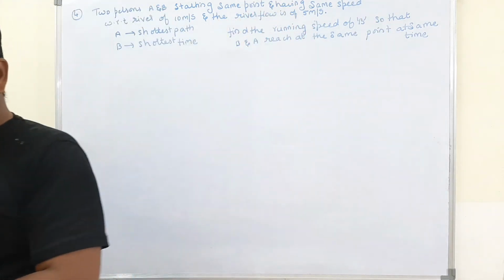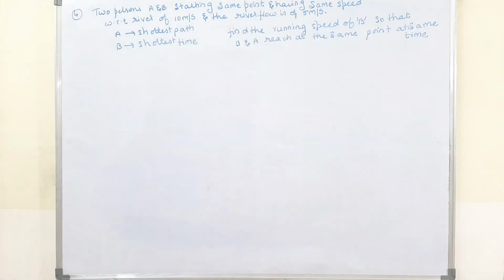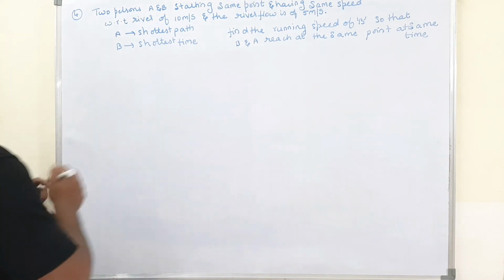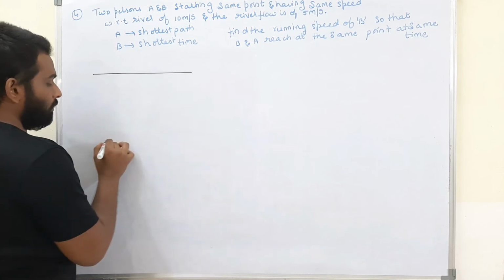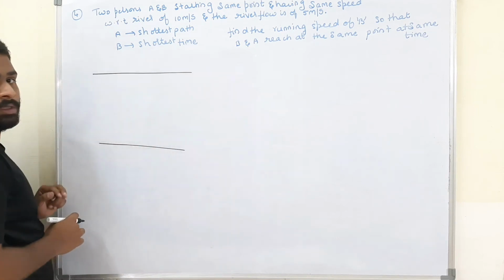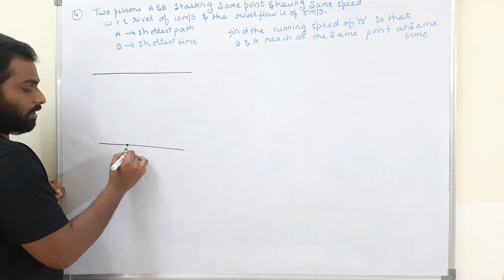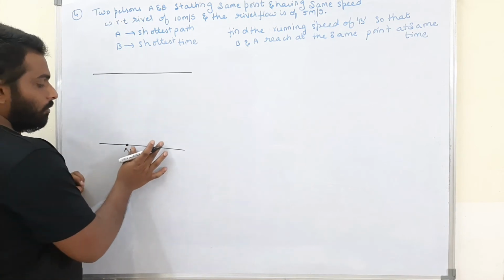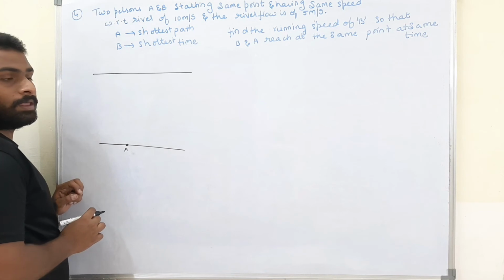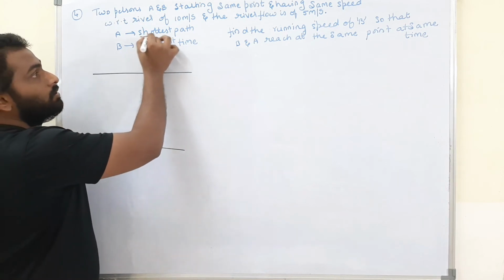That is the question. Now tell me, how can I solve this question? Okay, now see here. This is the point where both A and B are starting. Now I am assuming this is A. A is moving in the shortest path.